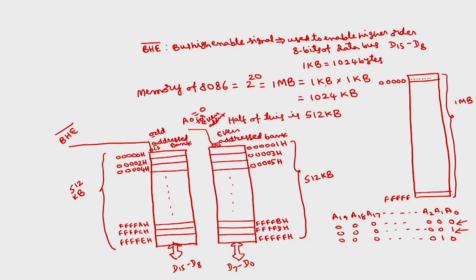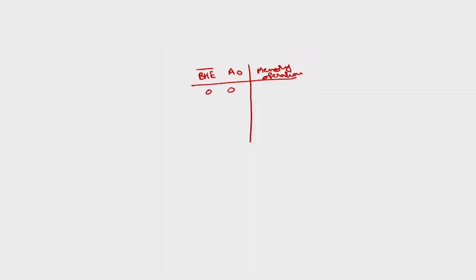This chip select bar is 0, so this chip will be selected, and this chip also will be selected. This will give 8-bit information, and this will give 8-bit information. At a time we can read 2 bytes, which is called one word. This is a word operation because both the banks will be enabled.